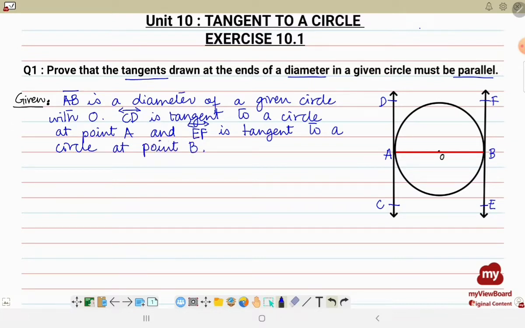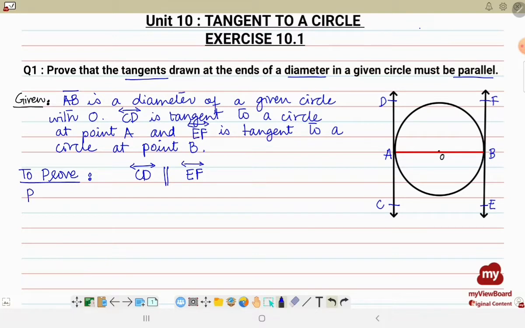Hope you understand what is given to us. One circle, one diameter and two tangents. Right? Now what you have to prove, let's write it down. The two lines, CD, it is a tangent line, it is parallel to EF. This is the thing that we have to prove.